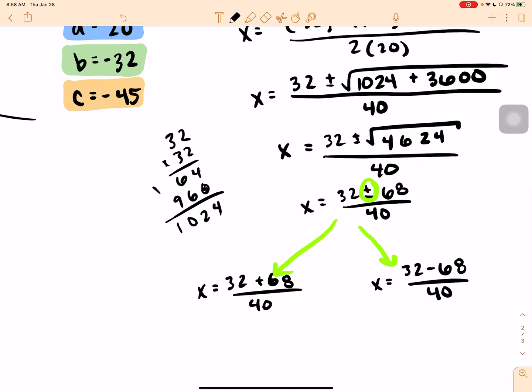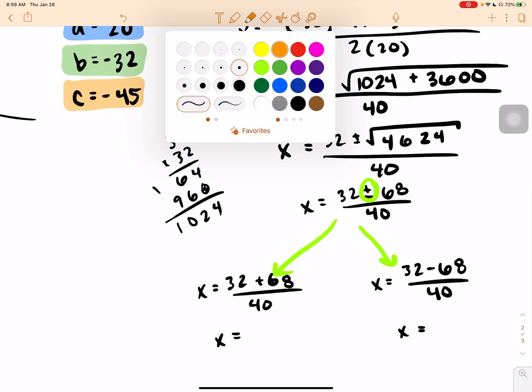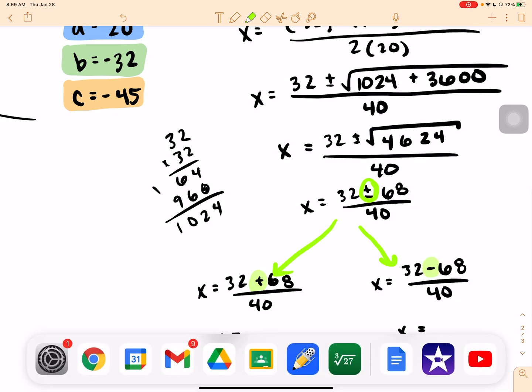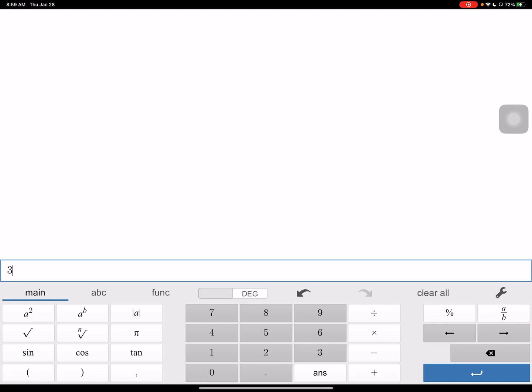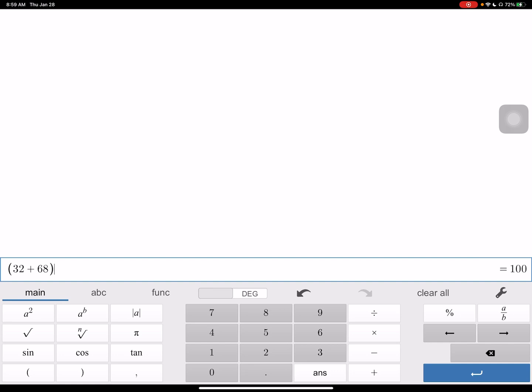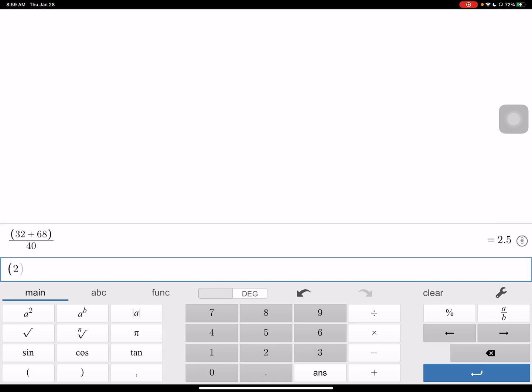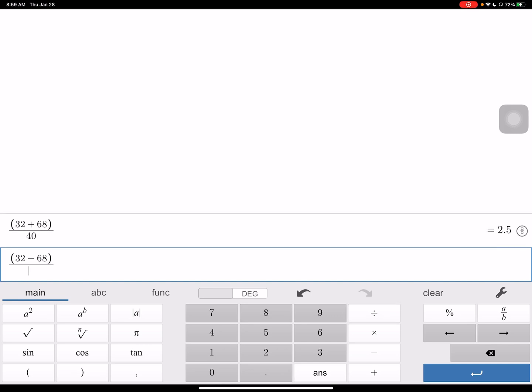Now you can definitely use a calculator for this. Okay, we're going to get some exact answers here. And again, whenever I split it, I split this plus minus. So 32 plus 68, then we got to add parentheses here to divide it all by 40. So that one is 2.5. Let's do, I always forget my parentheses, 32 minus 68, all divided by 40.